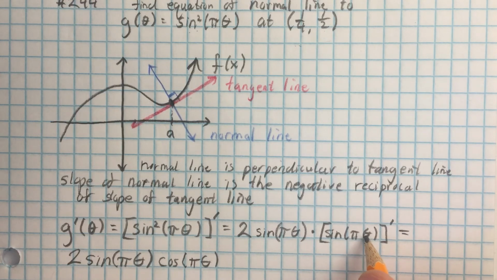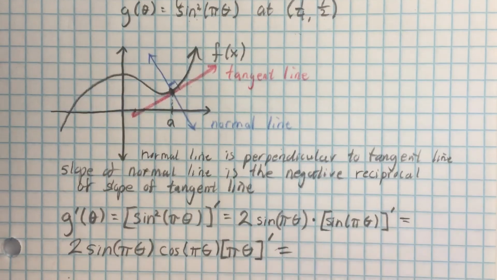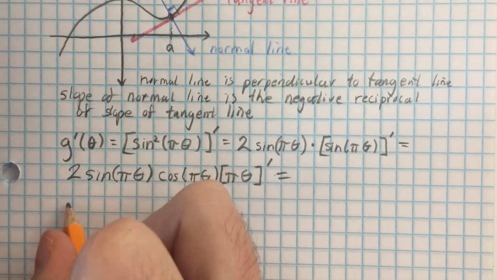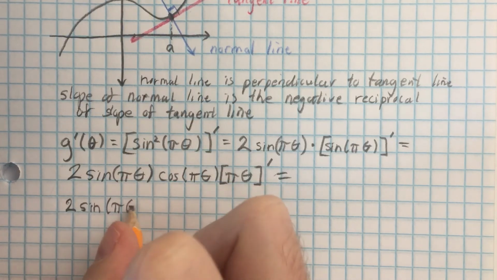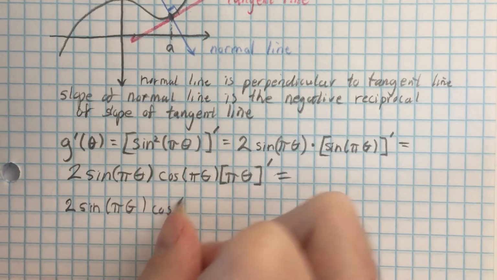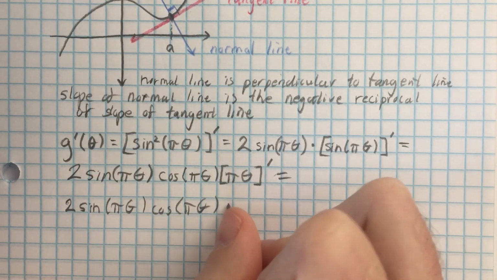Pi is a constant, theta is the variable, so I just get pi. Right? But in notation, I'll write it like this. I would still have to do that. Okay. But that's just going to be 2 sine pi theta cos pi theta, and then just pi.